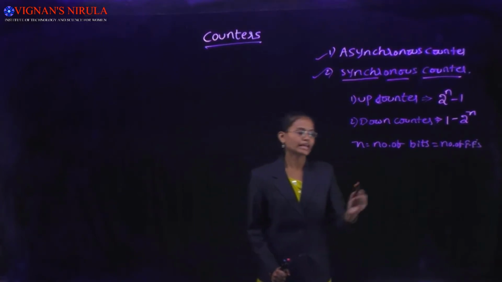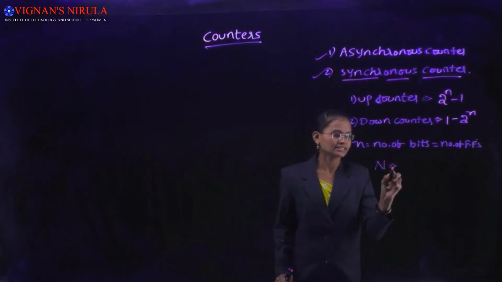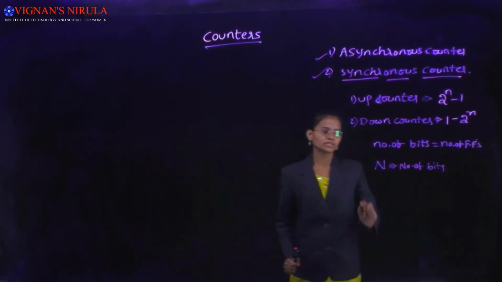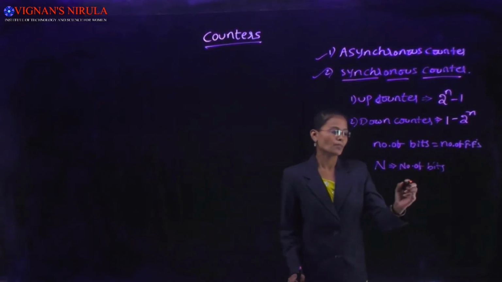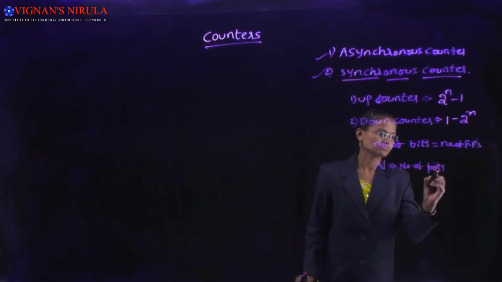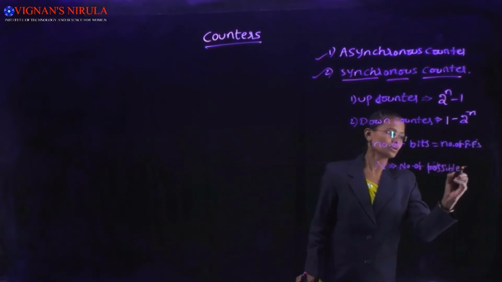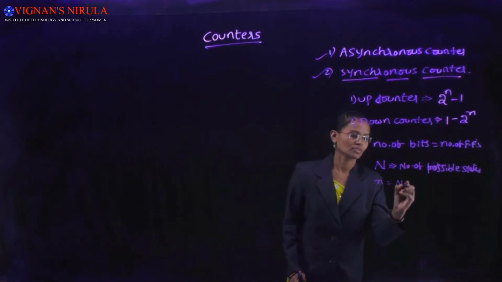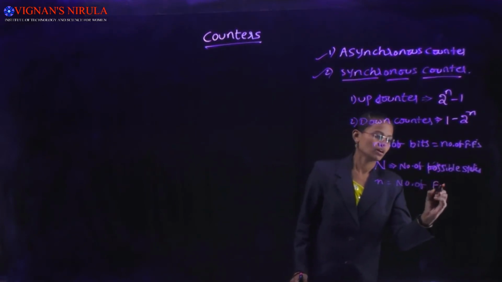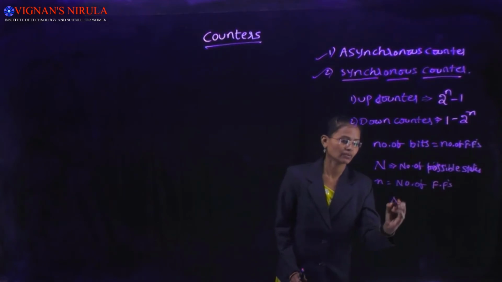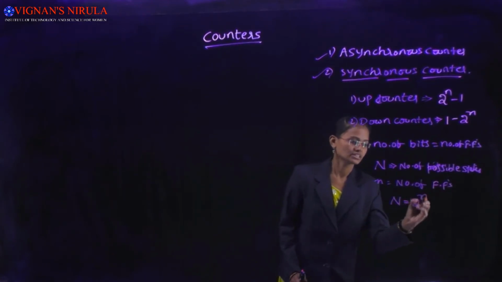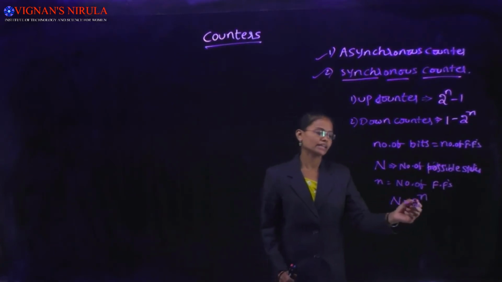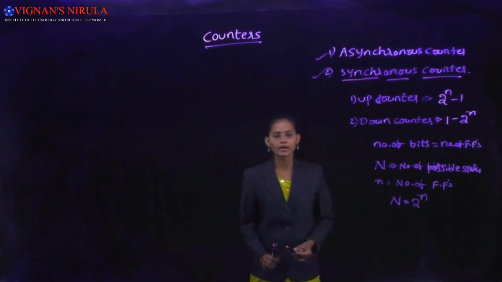Here capital N equals the number of possible states, and small n equals the number of flip-flops. Okay, that is N equal to 2 power of n. Here capital N is the number of possible states and small n indicates the number of flip-flops.